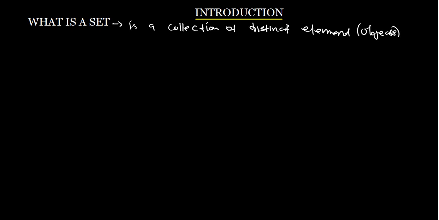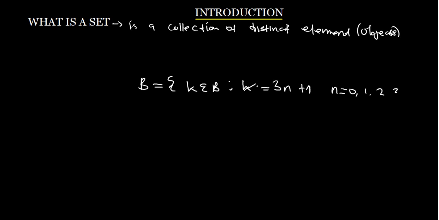Let's say set B is such that it has element K, which is a member of B, and such that the same K obeys the expression 3n + 1, where n is equal to 0, 1, 2, 3, like that. So we are going to be listing wherever there is K.